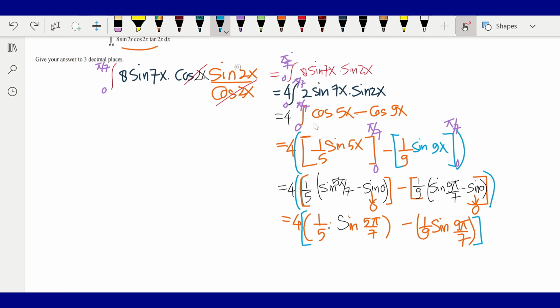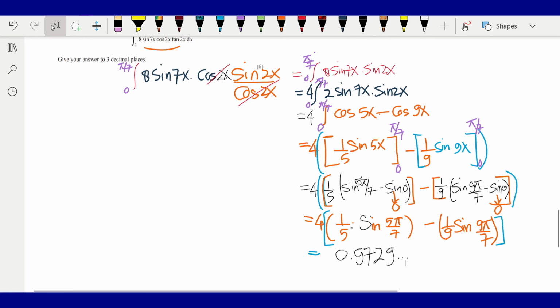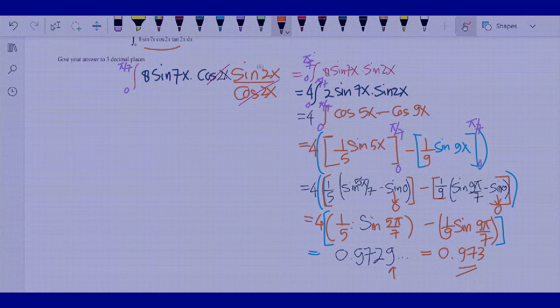So we input this value into the calculator and the answer will be 0.9729. We are asked to give the answer to 3 decimal places. We consider until the 4th decimal, so our answer will be 0.973 because this is more than 5. That will be our final answer.